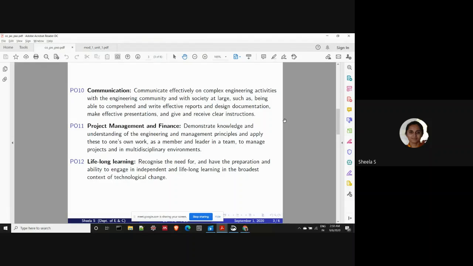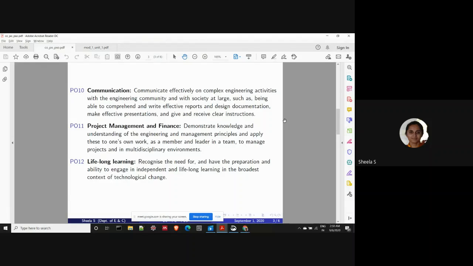So when we are going to conduct any investigation, whether we are considering a particular project, or whether we are developing a project, whether we are getting any financial support to develop this project, all these things will be considered in this PO.